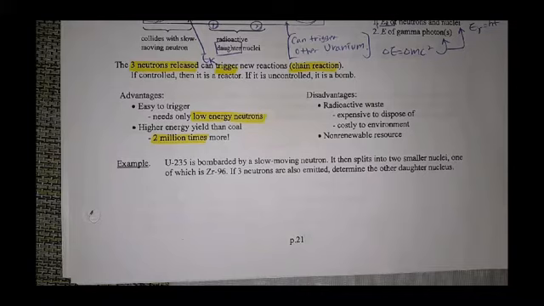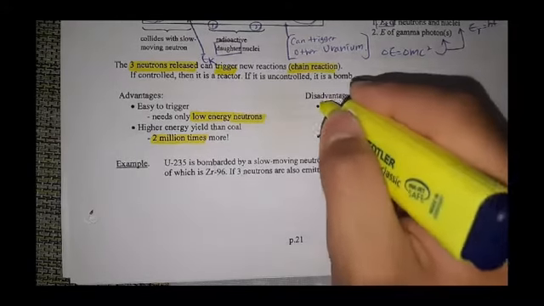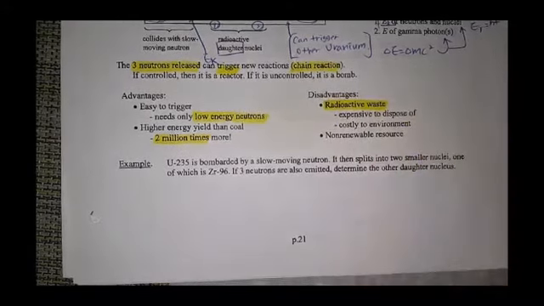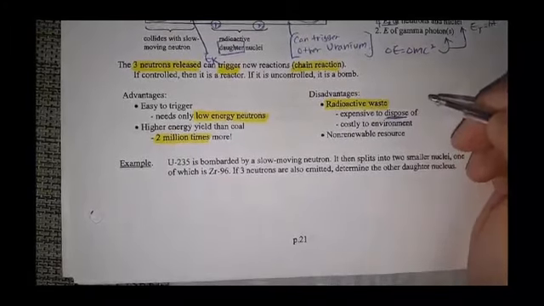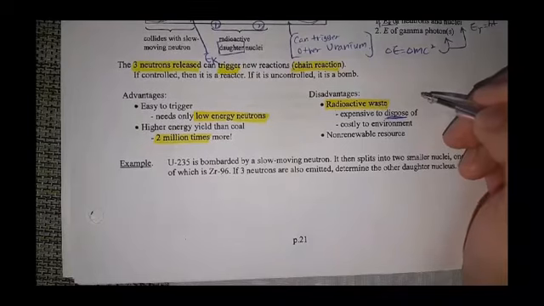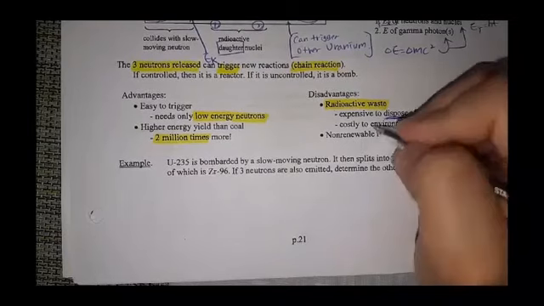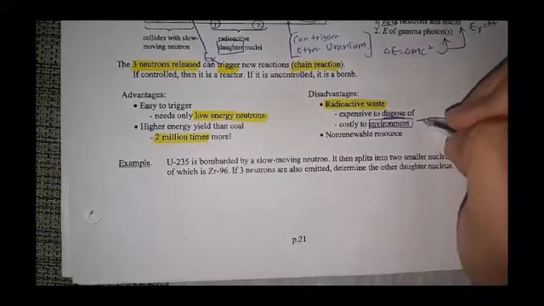There is a huge disadvantage. Number one, how can we deal with radioactive waste? Now, radioactive waste can be interpreted in two different ways. Number one, disposing of it on land, and how we do that is very costly. It is not only costly, but there are also environmental effects.